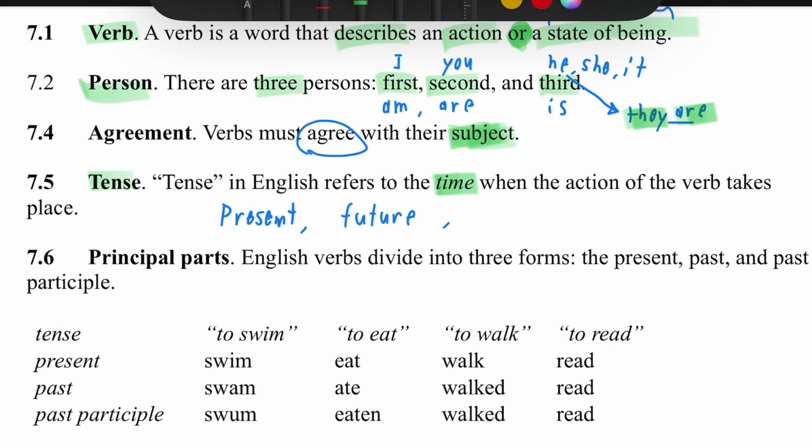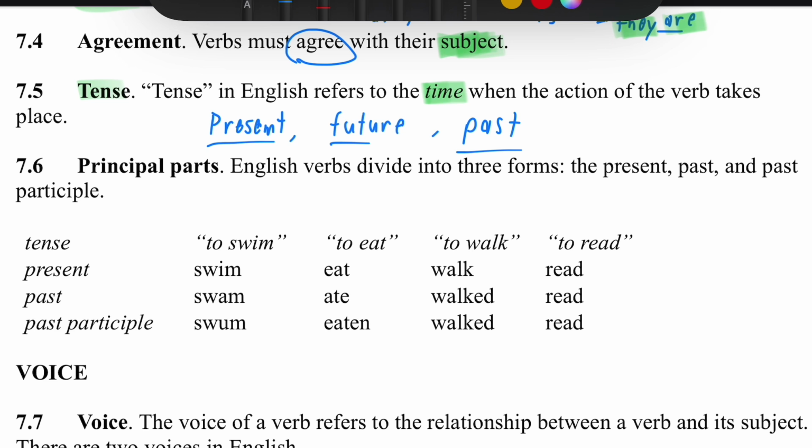And we have the past tense. So you'd see things like in the present tense, I study. In the future, I will study, or in the past, I studied. So these verbs, again, inflect. They change their form based on their function and how they're being used in a sentence.